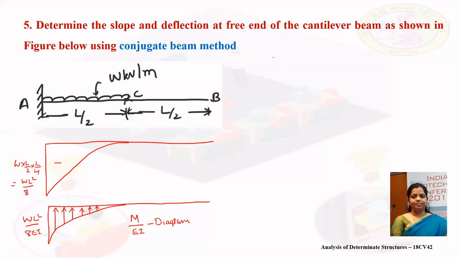Now let us draw the conjugate beam. As per this transformation rule, free end will become fixed support and fixed support will become free end. For this conjugate beam, let us load the M by EI diagram.